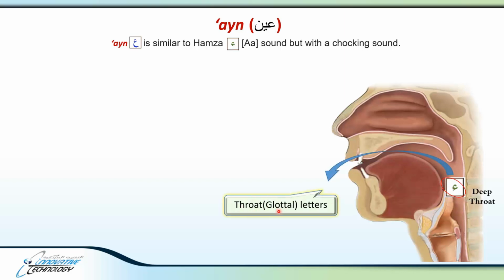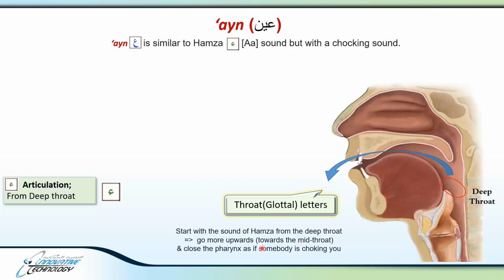That's why we call it a throat or glottal letter. Now, if we add a choking sound to the hamza, it will be ayn. Go a little bit up from here to here, towards the mid-throat, and close the pharynx as if somebody is choking you.